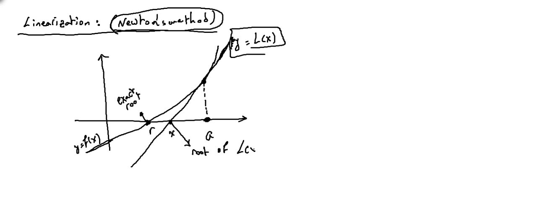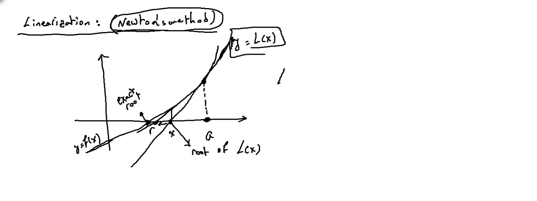Then we linearize at this new point, and we get another L of x, to get another point, and another point. As we keep linearizing, each time we get nearer to R, up to a certain number of digits after the decimal point. That's good.